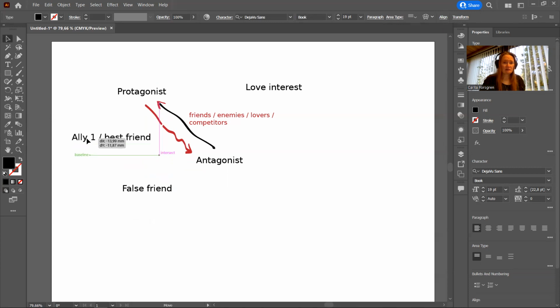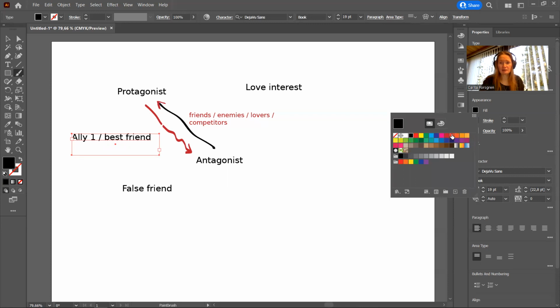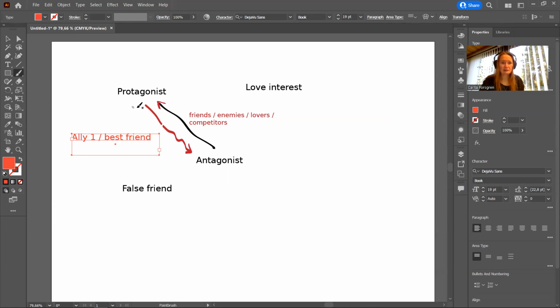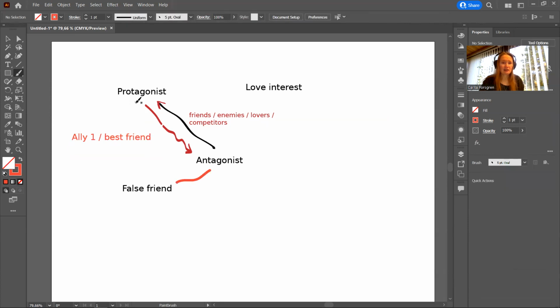So both the protagonist and the antagonist have these, of course. They usually don't work alone or live alone because we are in general social creatures. So the antagonist and the protagonist might know the same person, but for the one, the friend is a real friend, and for the other, they are like a false friend.